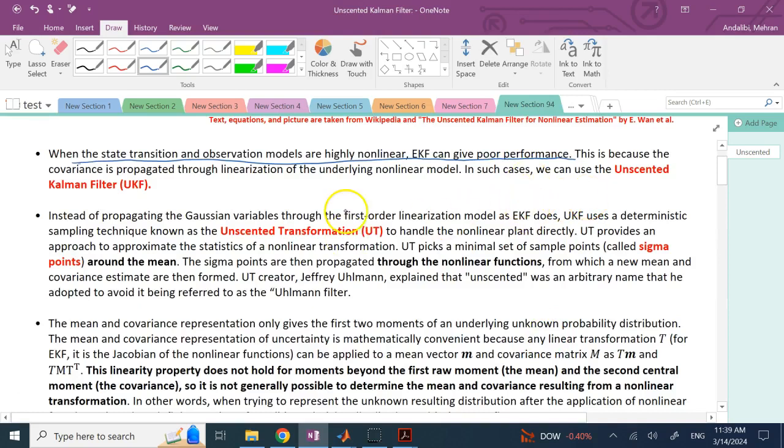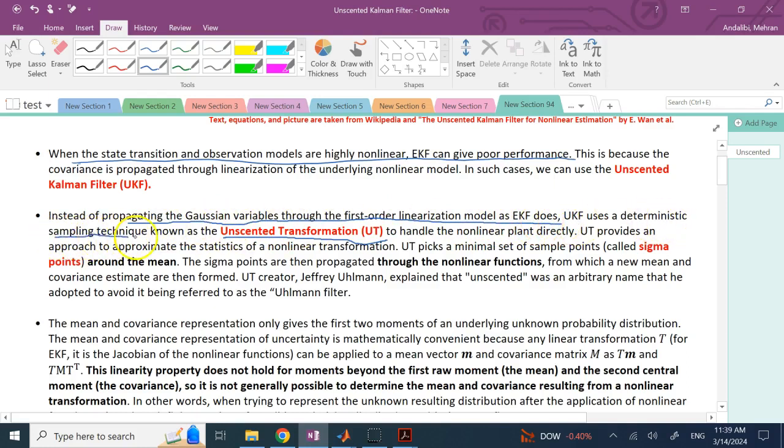So the UKF uses a transformation called the unscented transformation, or UT, where it got its name, UKF. And what does this one do? Instead of propagating those Gaussian distributions through those first order approximations that EKF does through those Jacobians, UKF does what?